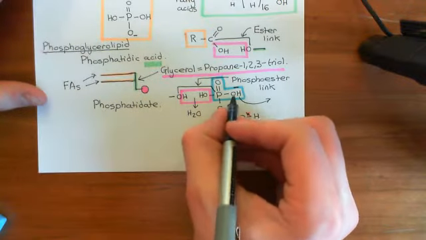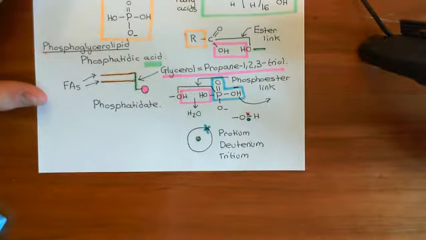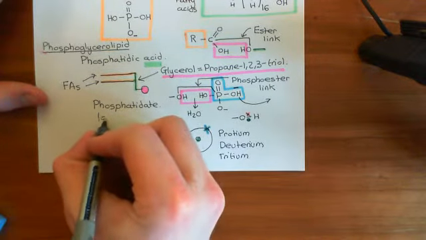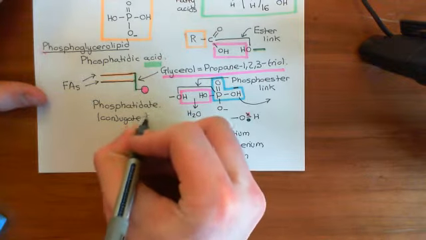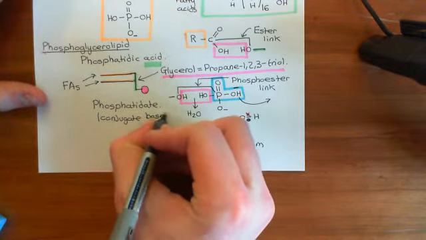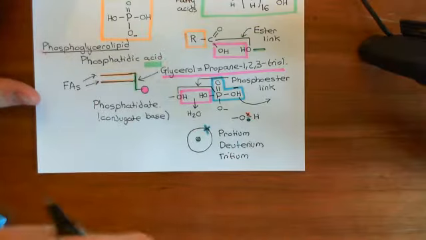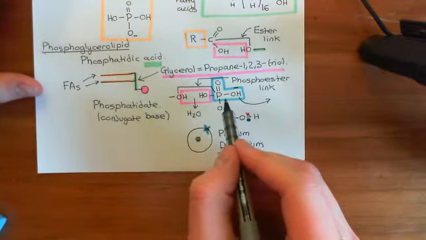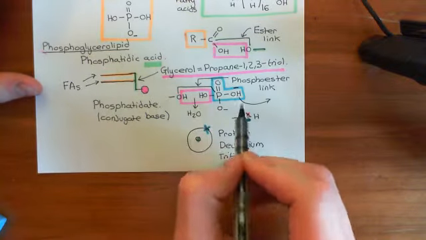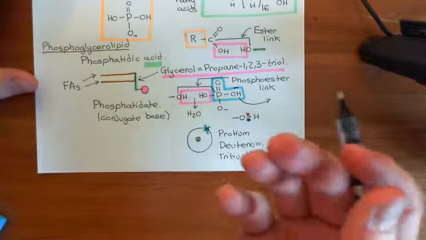So phosphatidate is the deprotonated version of phosphatidic acid. Okay, and it's what's known as the conjugate base of phosphatidic acid. Okay, and this is a running theme for acids that once they donate their proton away into solution, they are no longer an acid molecule because they can't donate a proton away into solution anymore.